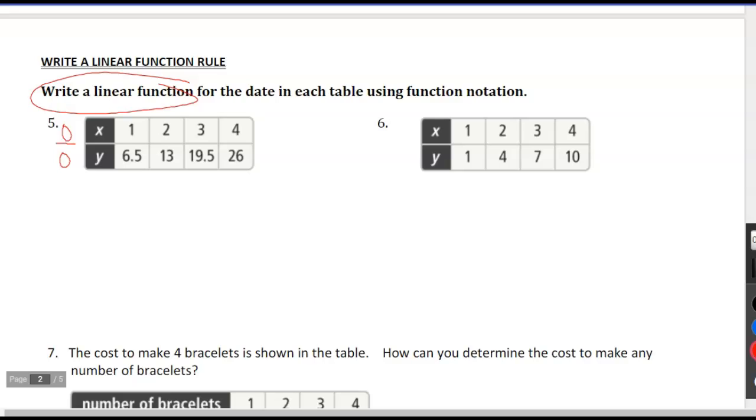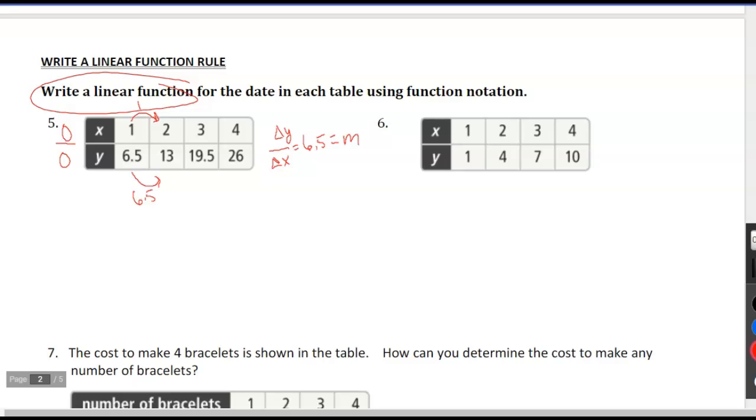So one way to do this, we know our rise, our change in y, is 6.5 over 1. So our change in y over change in x equals 6.5. That's my slope.